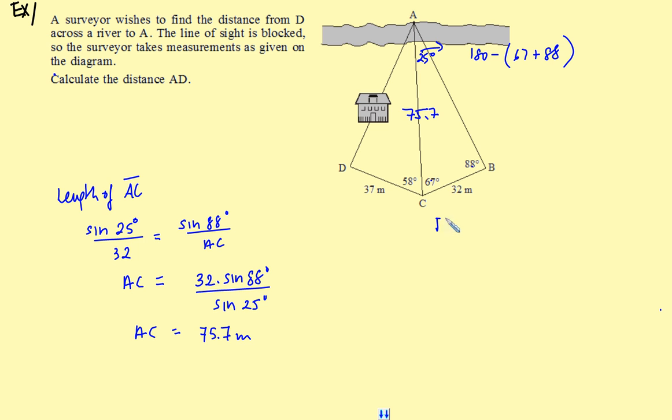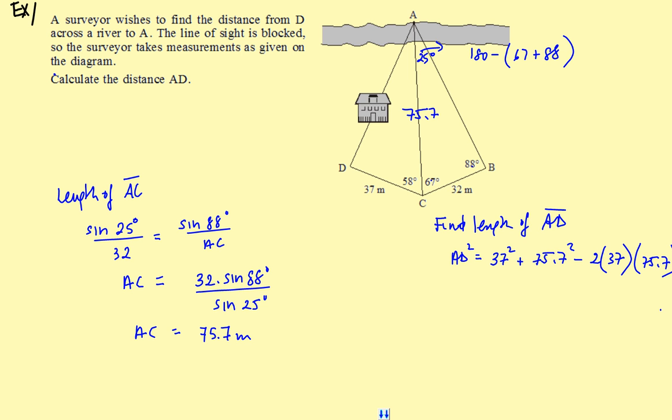So to find the length of AD, I'll say, well, AD squared has to equal 37 squared, one side squared, plus the other side squared, 75.7 squared, minus 2 times 37 times 75.7, and then times the cosine of the angle between them. Remember, it's two sides and the included angle to be able to use the cosine rule. And it'll be the cosine of 58 degrees.